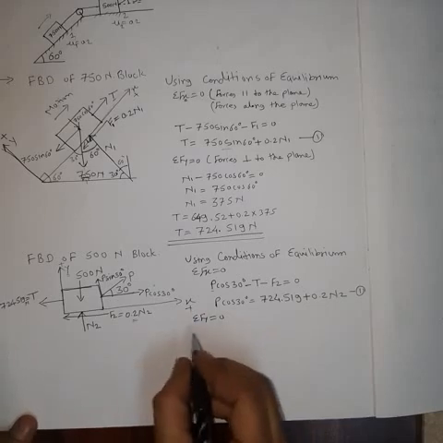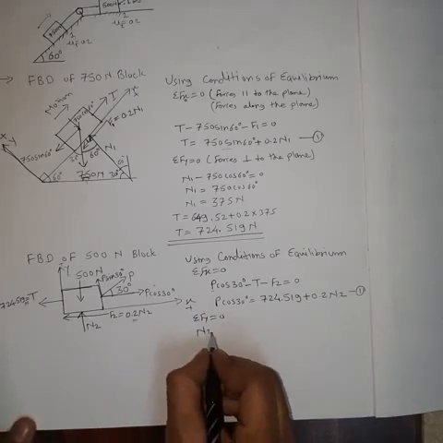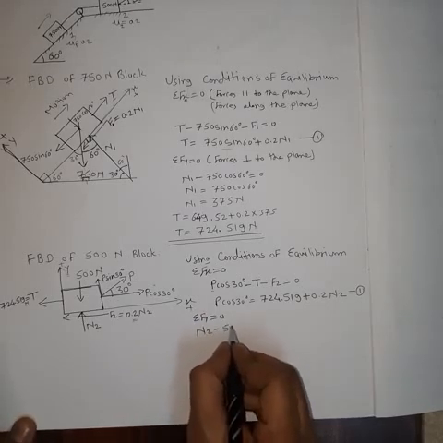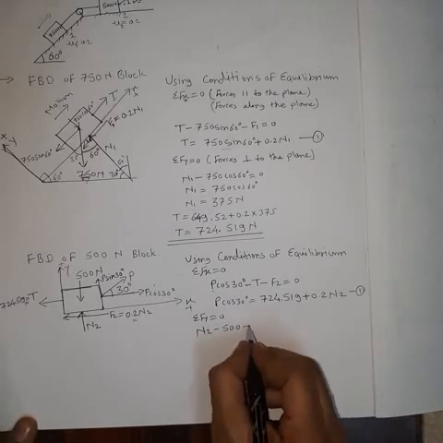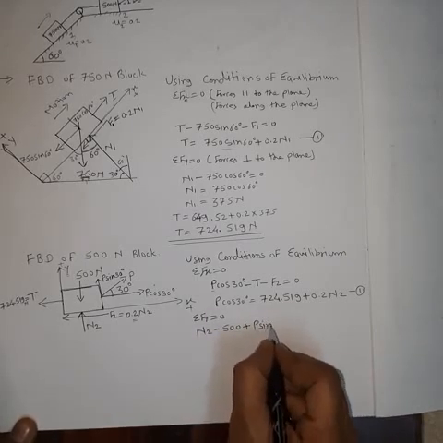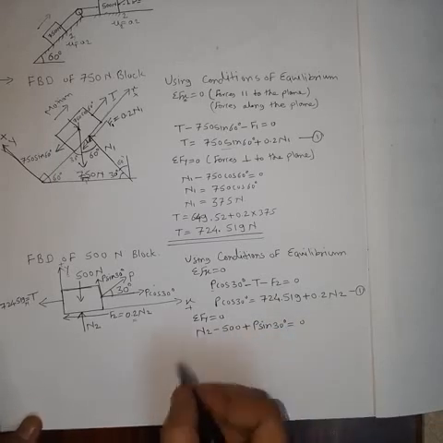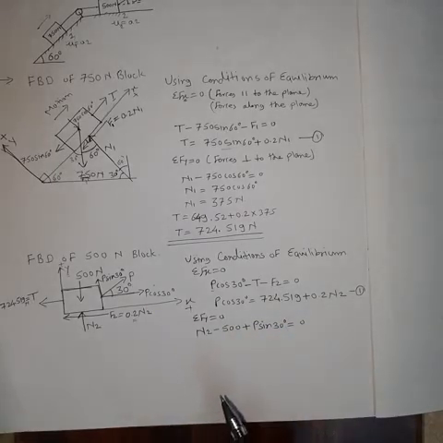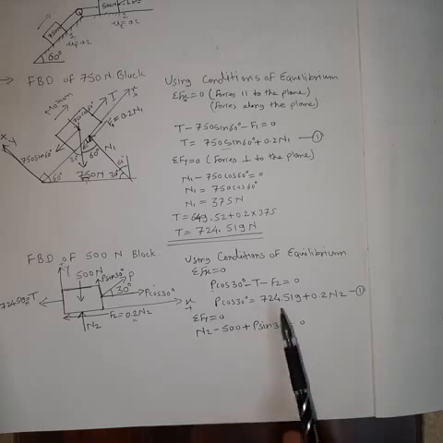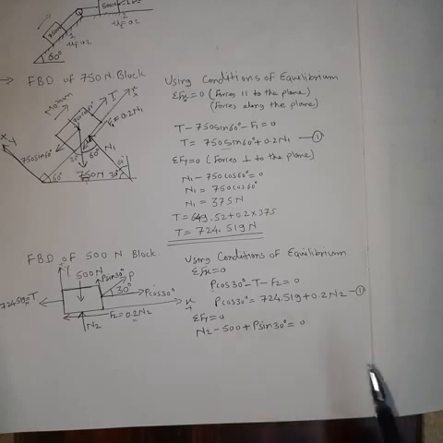That gives us N2 minus 500 plus P sine 30 degree is equal to 0. Here you can solve it in different ways: these two equations can be solved simultaneously, or you can put the value of N2 here.